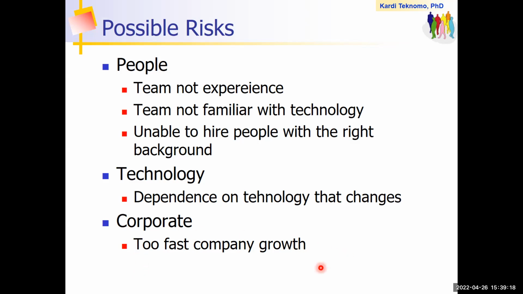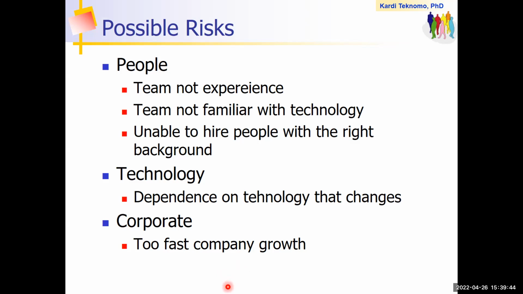Too fast company growth is like this. When you develop something for that company, say the company is named A, when you are still developing, the company already grew so fast that the requirements change. In that case, this is another risk.